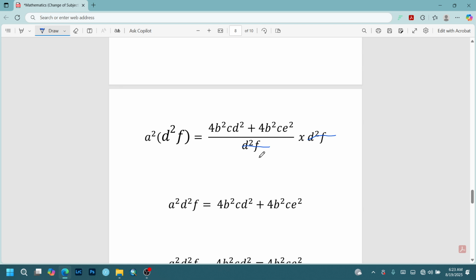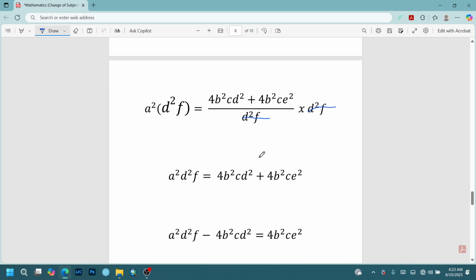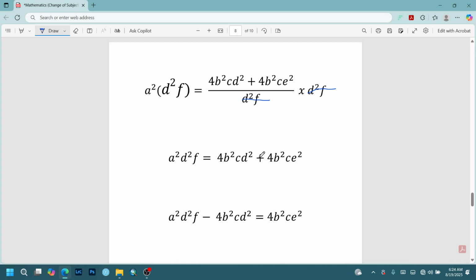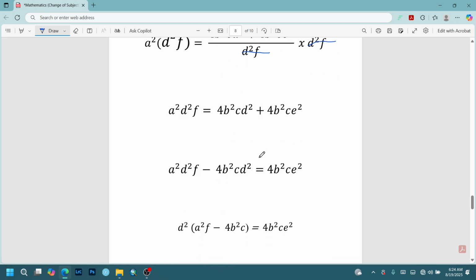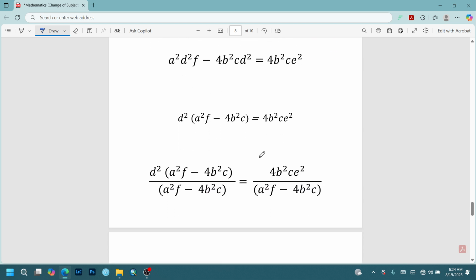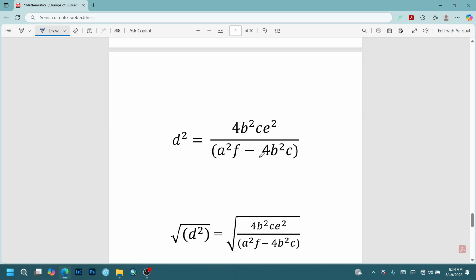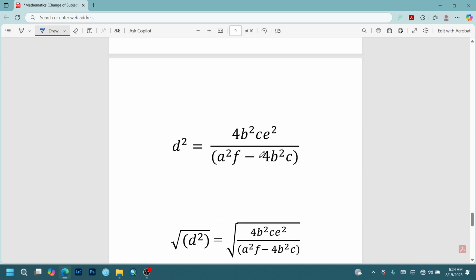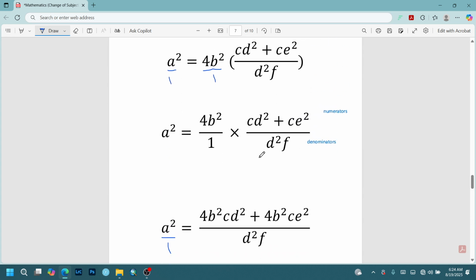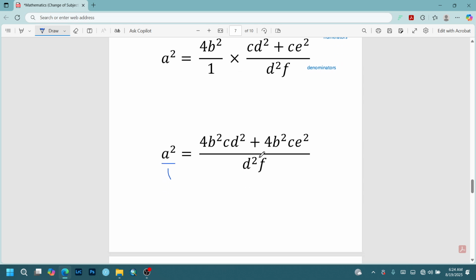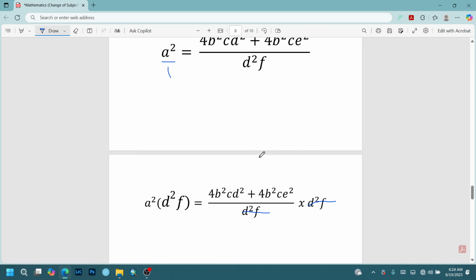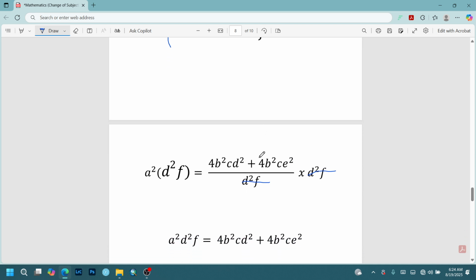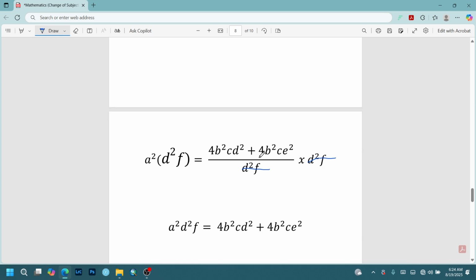Through our cancellations, the other side of the equation is 4b square cd square plus 4b square ce square. So, simplifying further.